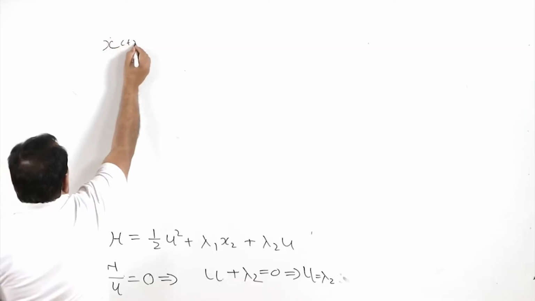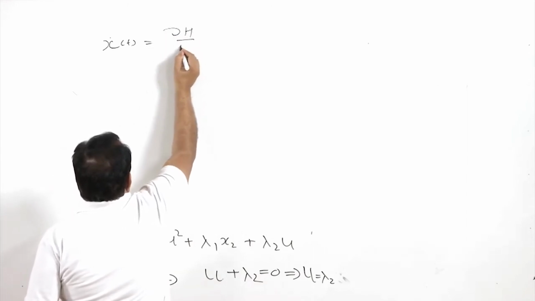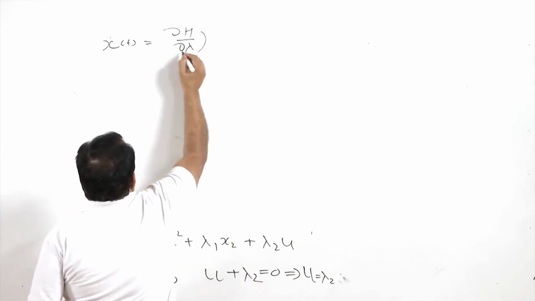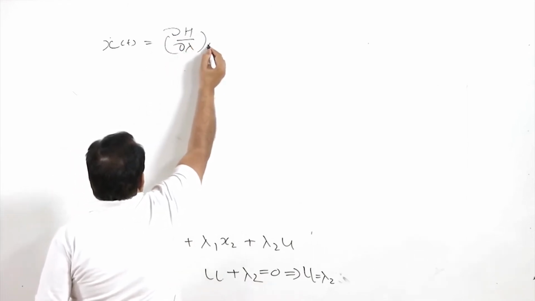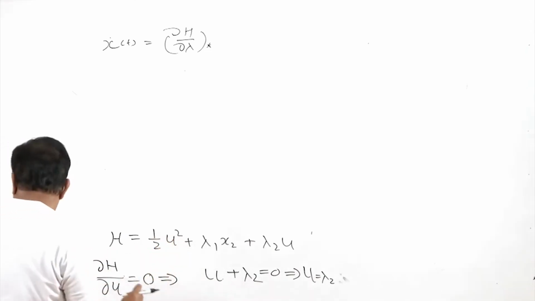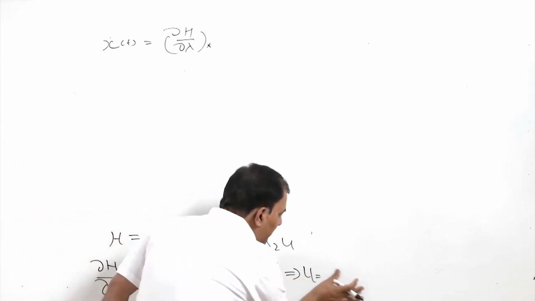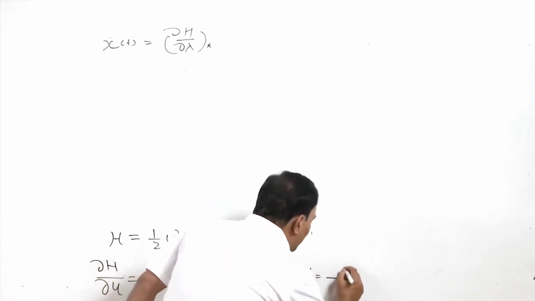So x dot t we are taking as del H by del lambda at the optimal point, meaning H evaluated at the optimal u. In this case my u is not lambda 2, but u equal to minus lambda 2.